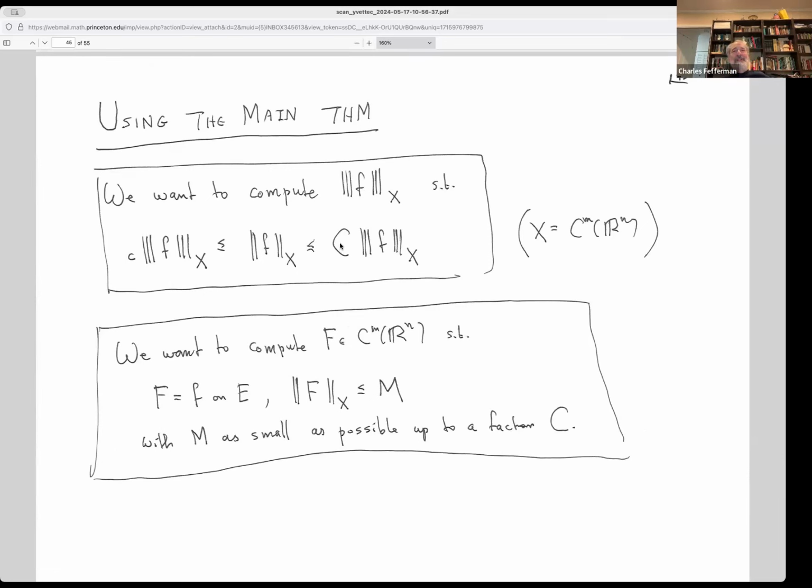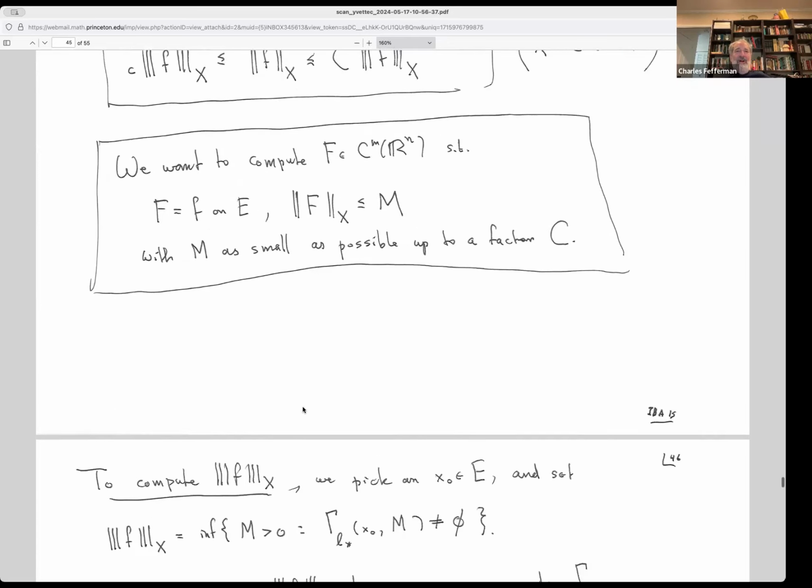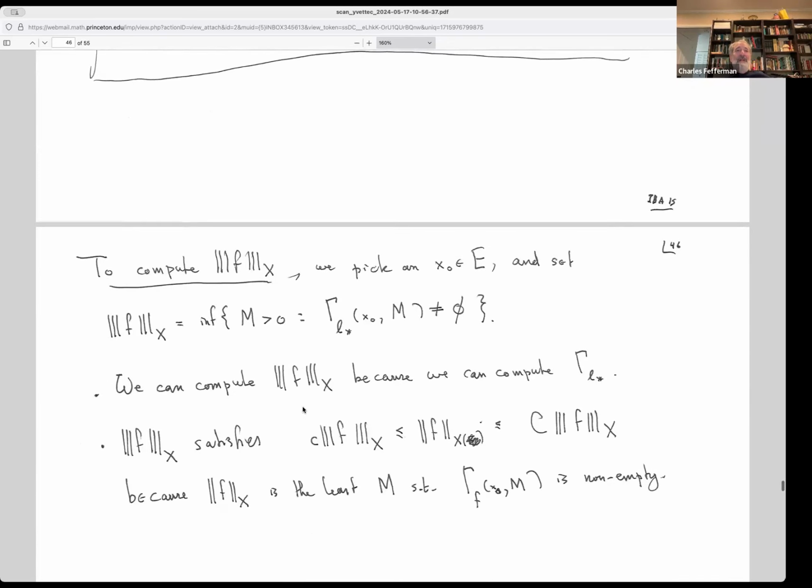We want to compute this triple norm, and we want to compute an interpolant with the m as small as possible. To compute the triple norm, we simply look for the smallest m for which the gamma is not 0. Again, it's an inf, not a minimum, but we look for that, and that's the triple norm.